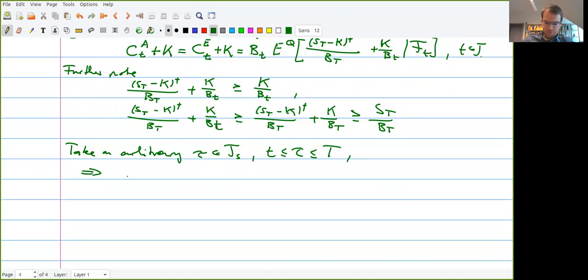Right. So let's now take these two identities here and take the conditional expectation of them. So right, we have here 1, 2. We take the conditional expectation under the martingale measure Q with respect to the filtration at time tau.